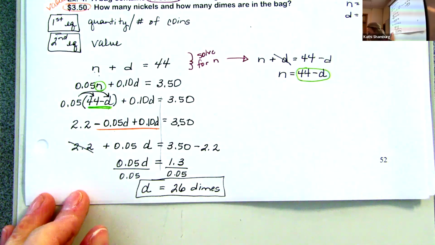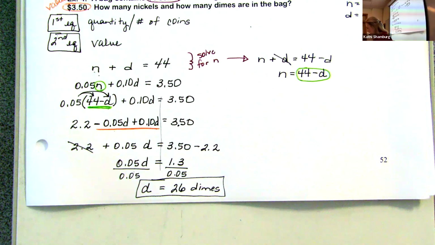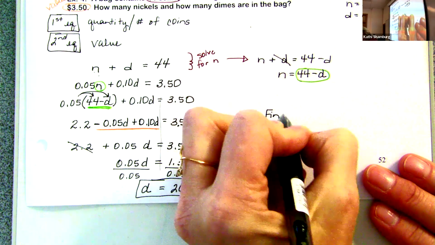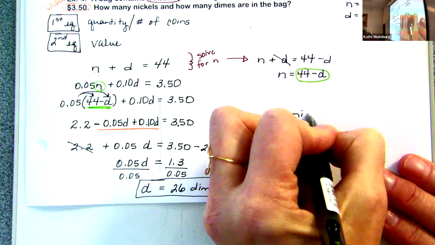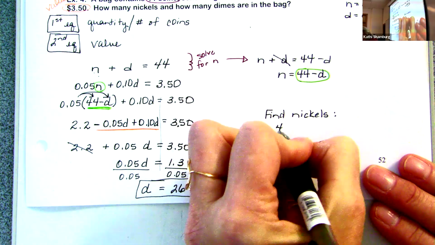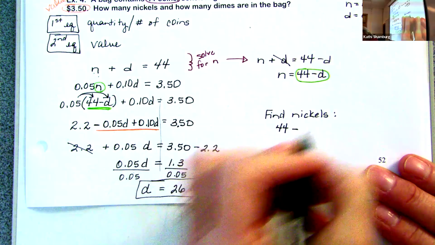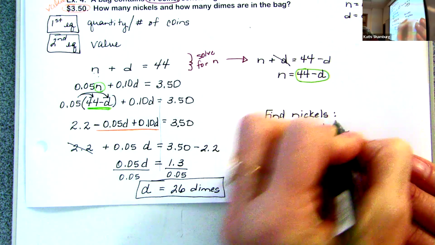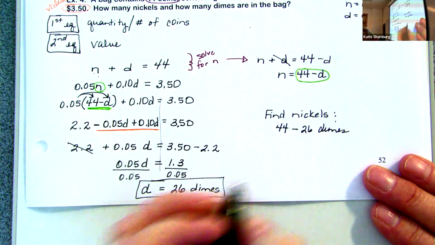And it asks for how many nickels and dimes. So we found the number of dimes. Well, it shouldn't be hard then to find the nickels because we know we have a total of what? We know we have a total of 44. So I'm going to take 44 minus 26 dimes. And what are we left with? 18.